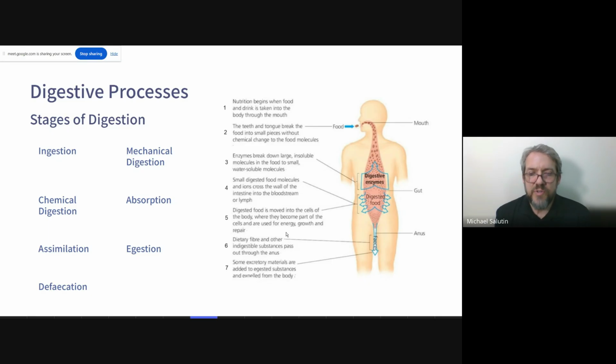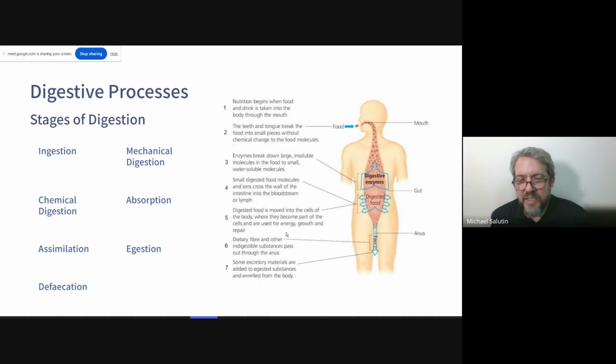So those nutrients now continue really out of the digestive system and into the bloodstream and lymph, into step 5. So it's still part of digestion, but it's not really part of the digestive organs because we're now in the bloodstream and the lymph.